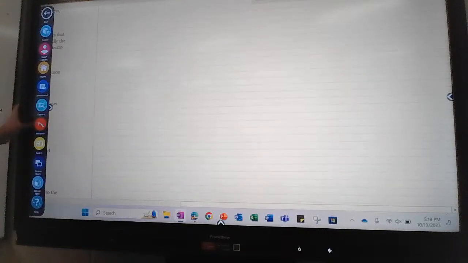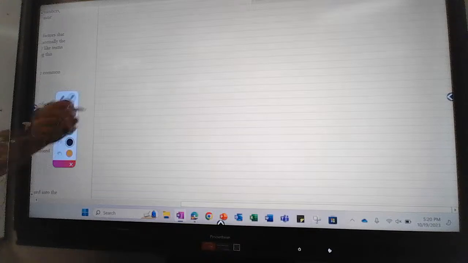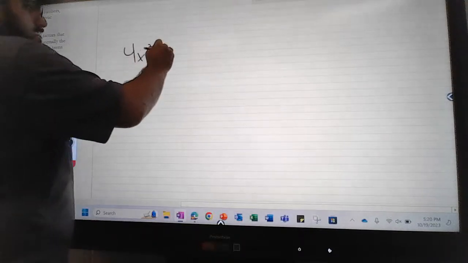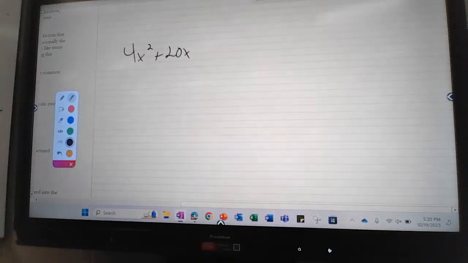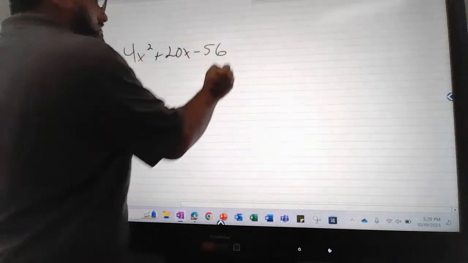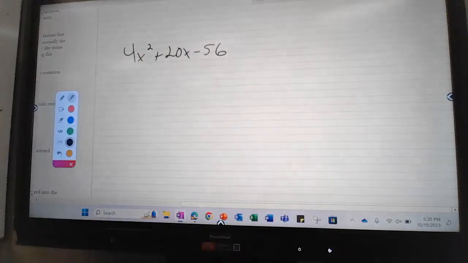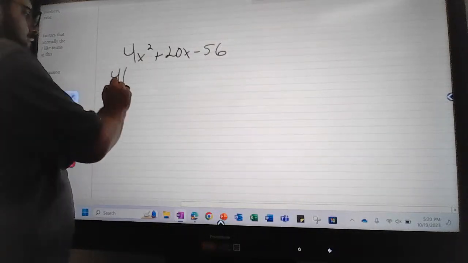So let's say that I have a quadratic function like this. Here it is: 4x squared plus 20x minus 56. Well, obviously, 4, 20, and 56 are all divisible by 4, so I can factor out the 4.